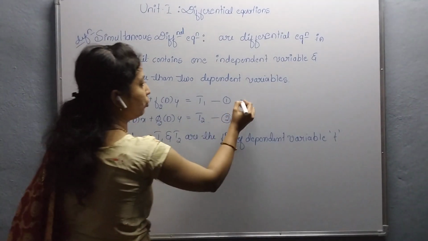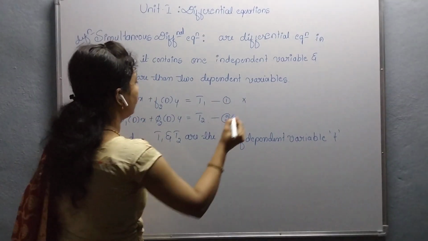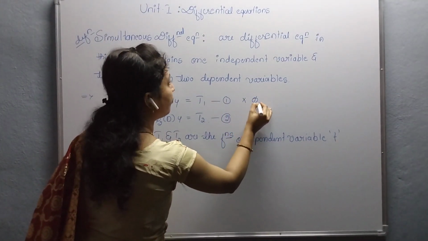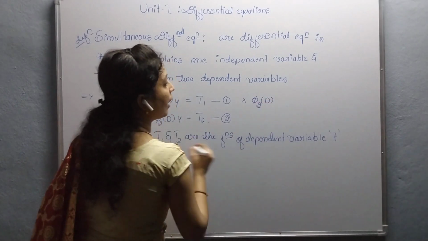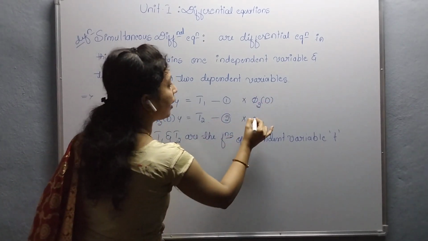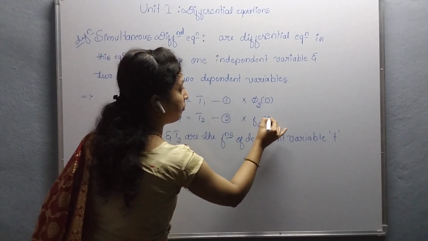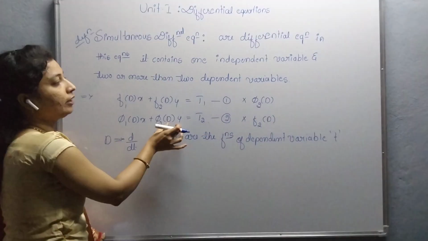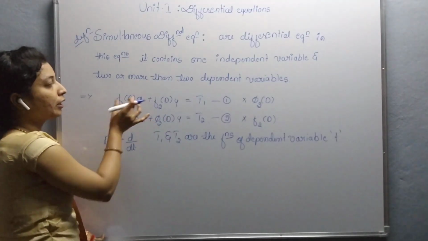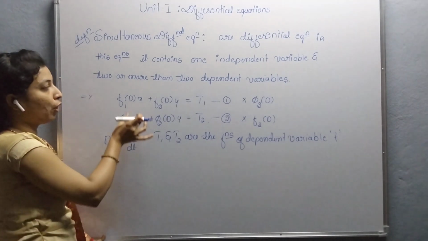So for this we have to multiply equation 1 by phi2(D) and equation 2 by f2(D). It means here I can eliminate the term y and the remaining equation is in the form of x.